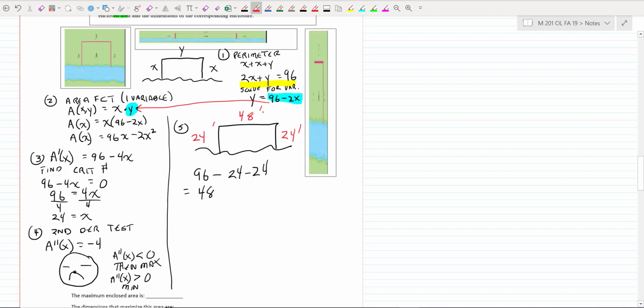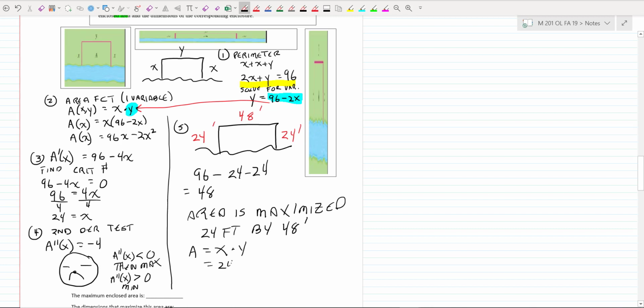All right, now we can draw our conclusion on this problem. Basically, the area is maximized if the dimensions are 24 feet by 48 feet. And the area is just x times y, so that would be 24 times 48.